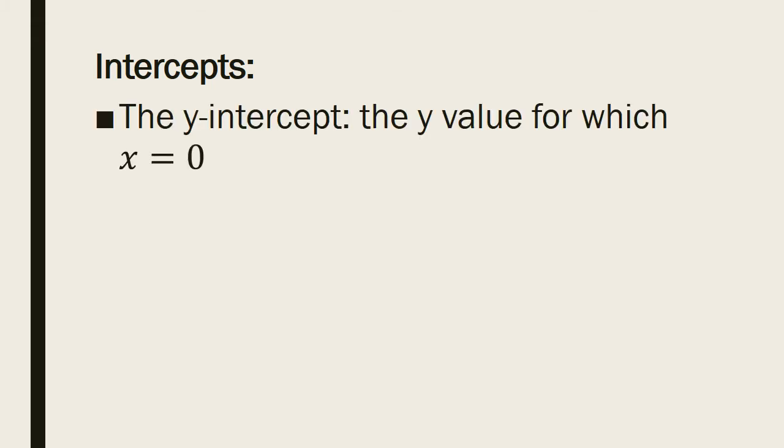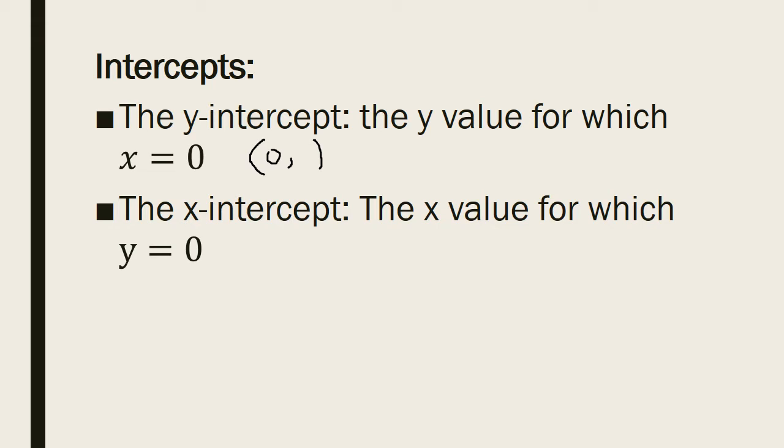Now let's talk about intercepts. We have two intercepts. The y-intercept is the y value for which x equals 0. And we write this value as (0, y), which is the y-intercept.